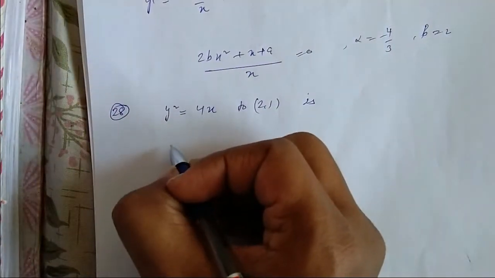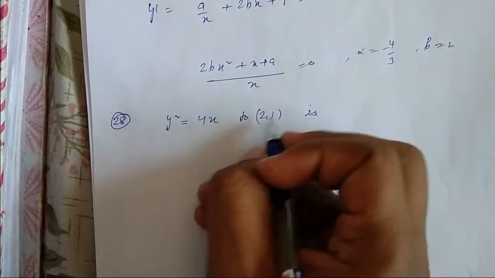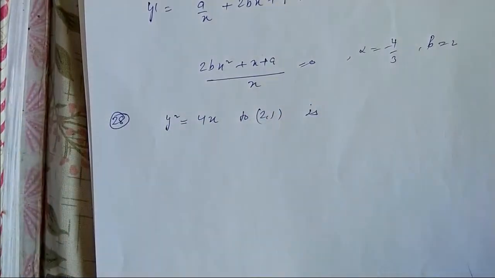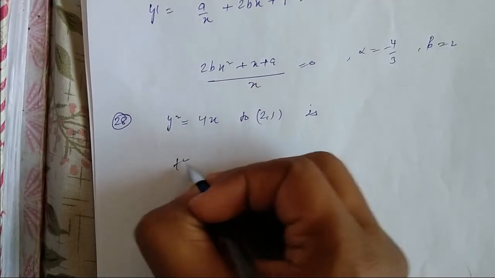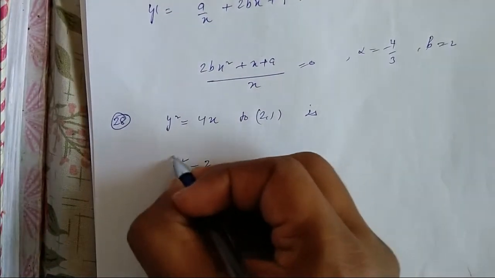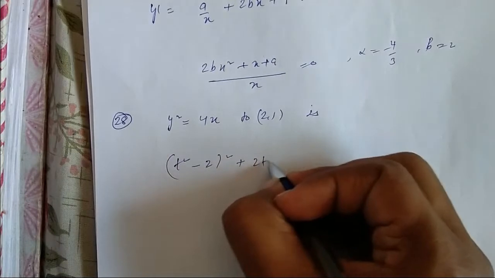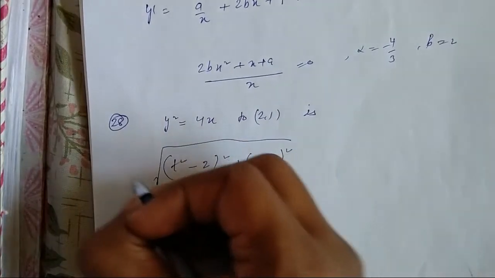Let's calculate the distance between its parametric form and 2 comma 1. So distance for t square comma 2t would be the root of t square minus 2 whole square plus 2t minus 1 whole square. This would be the distance.